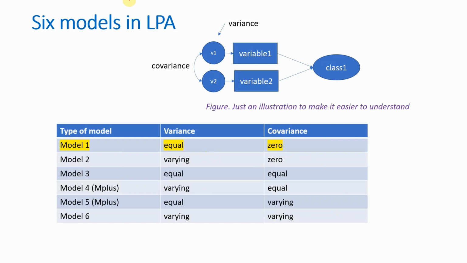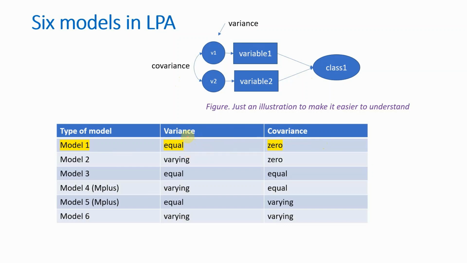Alright, for the 6 models in LPA, you just need to know the variance and covariance. This is basic statistical knowledge, and I'm not going to talk much about it. But for model 1, there are 2 criteria: variance and covariance.